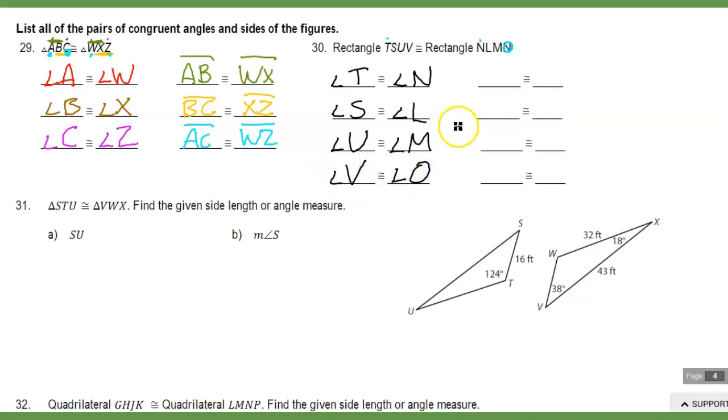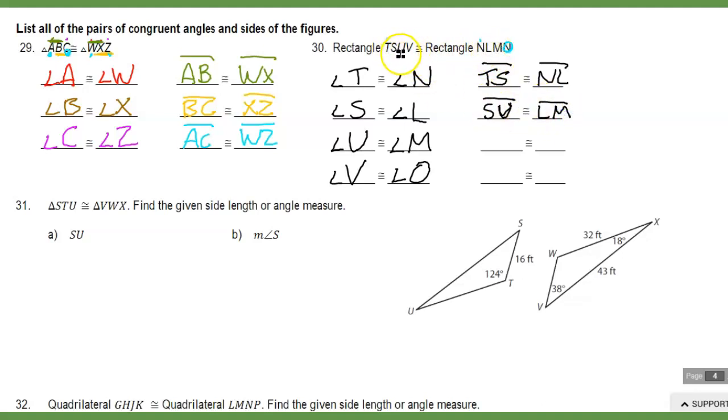Okay, the first 2, we have TS is congruent to NL. We'll do the second two. SU is congruent to LM.